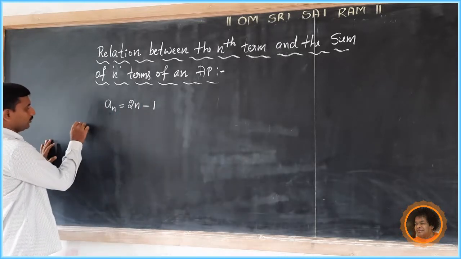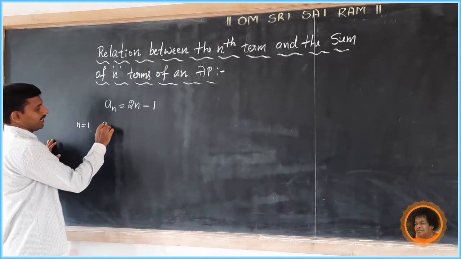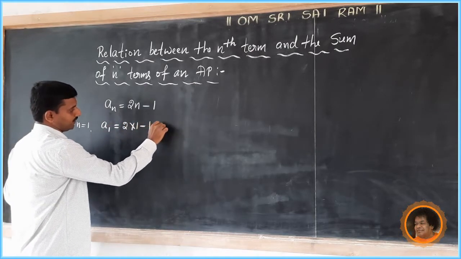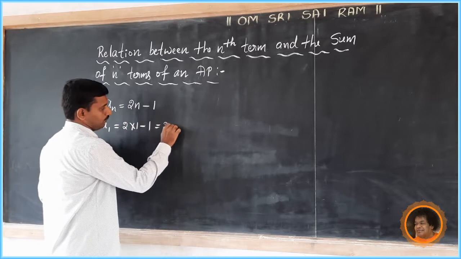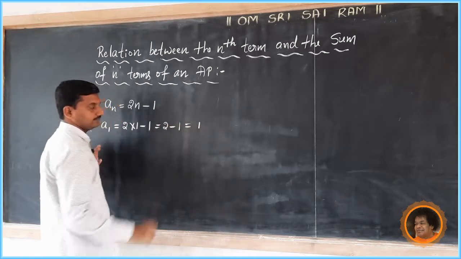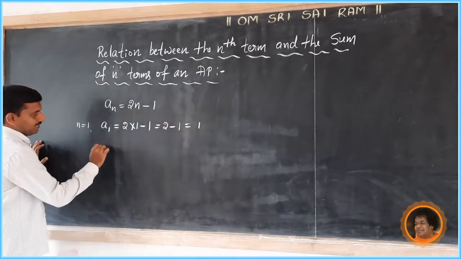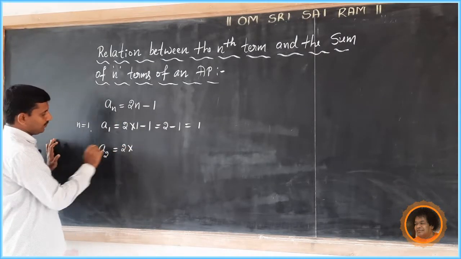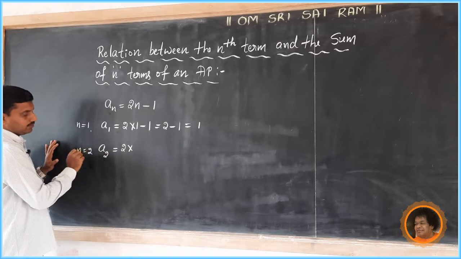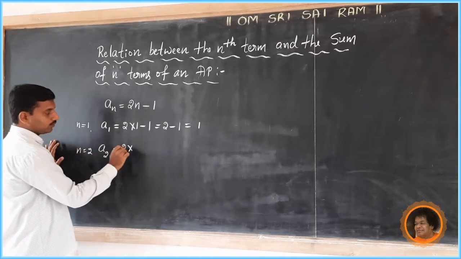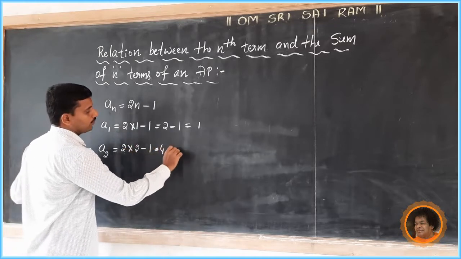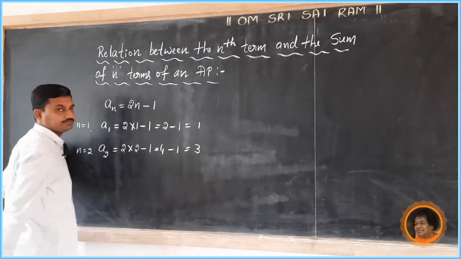Now, n equal to 1. So, a1 equal to 2 into 1 minus 1, which is 2 minus 1 equal to 1. Next a2: here n equal to 2, so a2 equal to 2 into 2 minus 1, 4 minus 1 equal to 3.